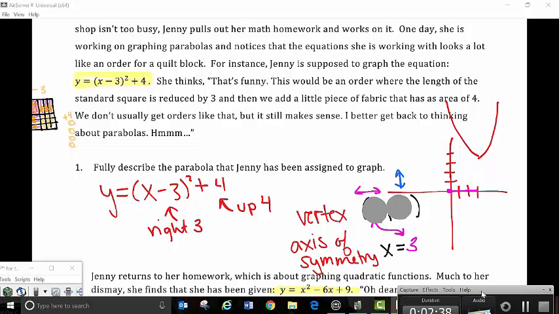So here is the new graph. It would have a vertex of over 3 and up 4. And that means it would have an axis of symmetry right down the middle at x equals 3. So that's just a review of graphing transformations based off of what is called vertex form.